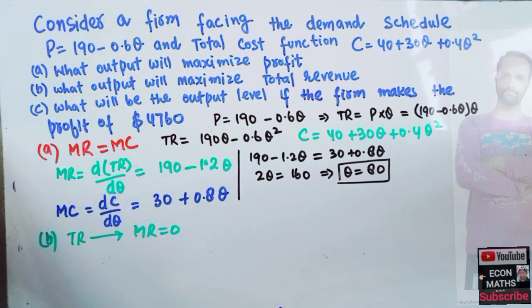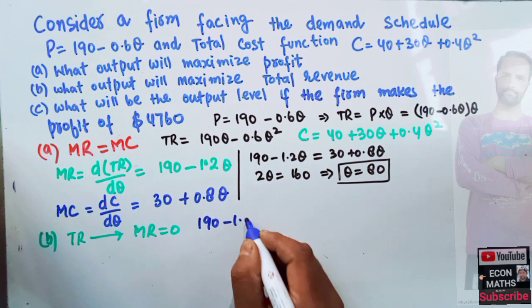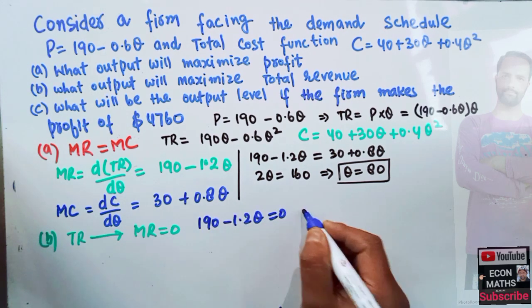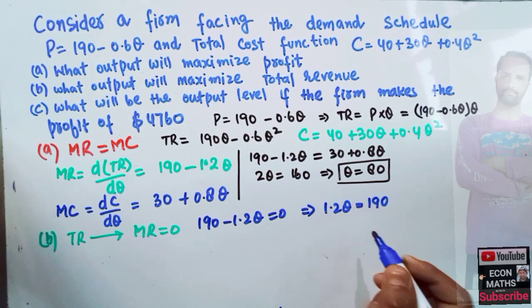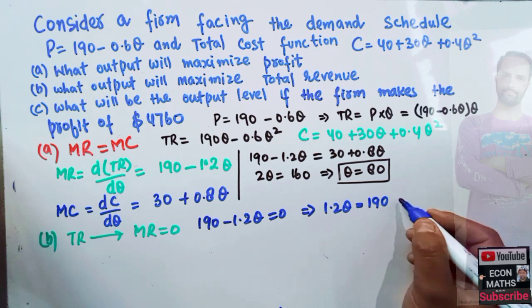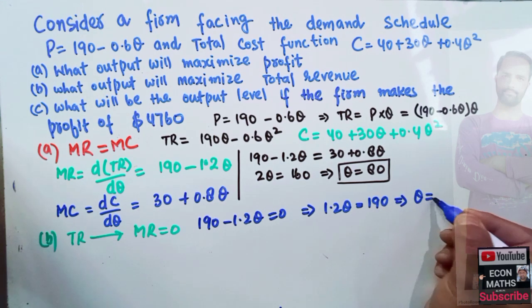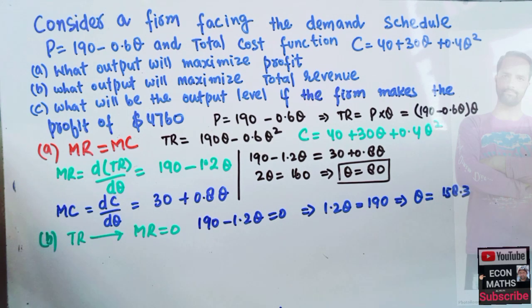When we set it equal to 0, we will get the output level that maximizes total revenue. So we have 190 minus 1.2Q, set it equal to 0, which implies 1.2Q will be equal to 190. That means our Q will be equal to 190 divided by 1.2. I have calculated it, it came out to be 158.3. That means 158.3 is the level of output that will maximize total revenue.